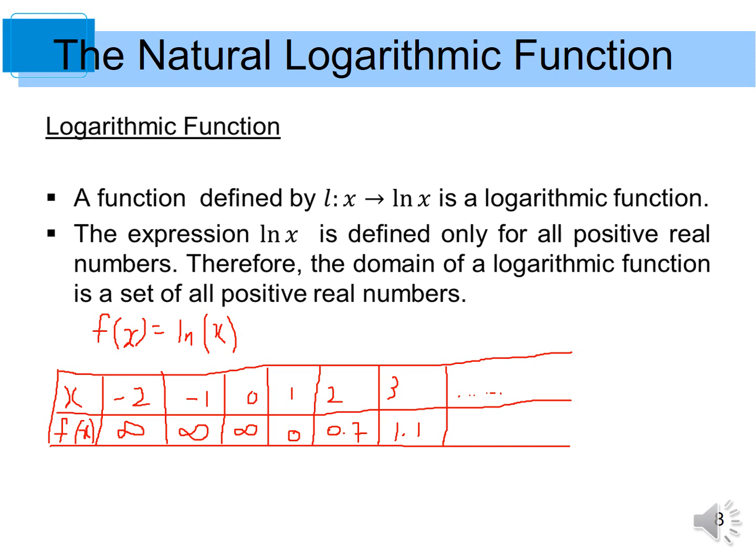And you look at the domain between 0 and 1. You can try to check the value between 0 and 1. Let's say x equal to 0.5, and f(x) is around negative 0.7.